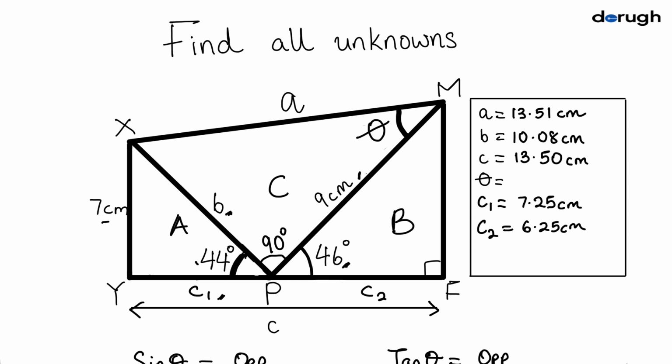Now that we've found everything except theta, we can get right to that. To find out theta, we could use CAH, which is using the adjacent and the hypotenuse A, which we just found. Or we could use TOA, using the opposite, which is B, and the adjacent that we were given.